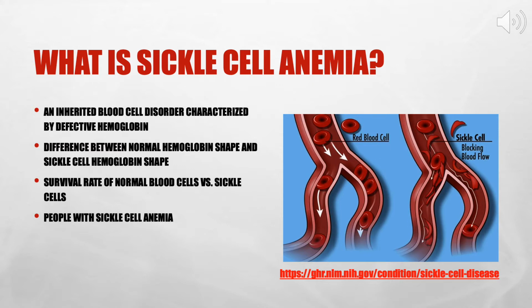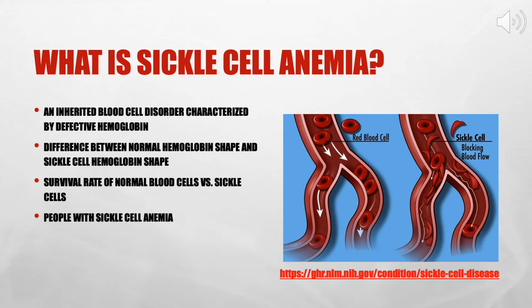The survival rate of normal blood cells versus sickle cells. Sickle cells can only survive for about 10 to 20 days, while normal blood cells can live up to 120 days. People with sickle cell anemia have most or all of the normal hemoglobin, or HbA, replaced with sickle cell hemoglobin, HbS.